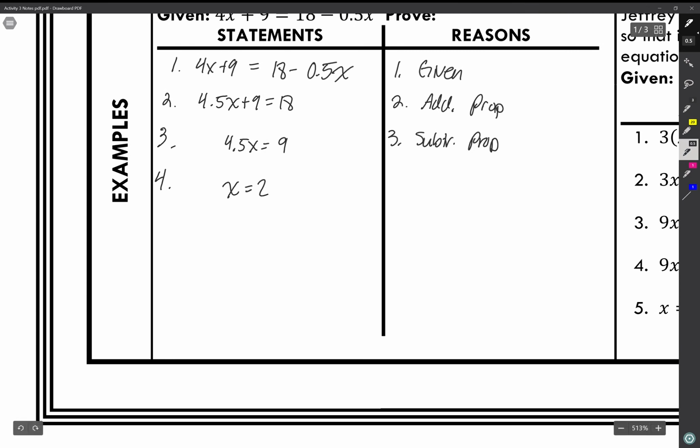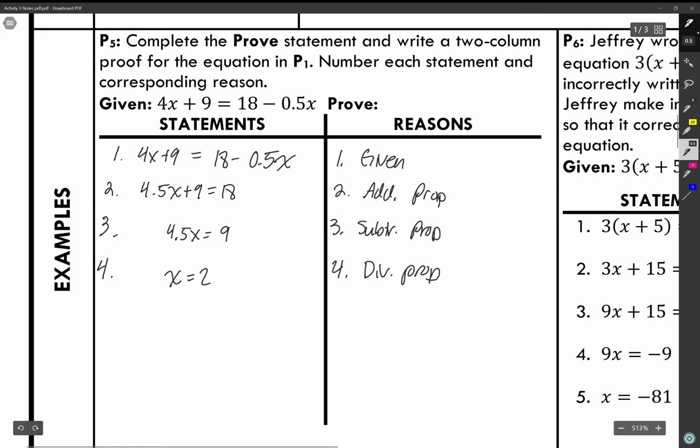And since we divided both sides by the same thing, that was of course by the division property. Remember our proof statement is always the last statement of our proof. So this is going to be x equals 2, and we're finished with P5. All we did was take what we had from P1, what we've already solved, and written the properties. We just wrote it nicely as a 2-column proof.